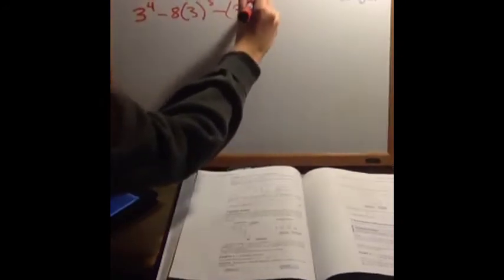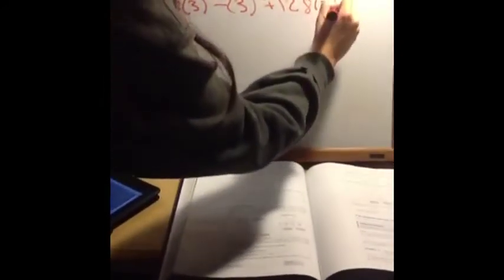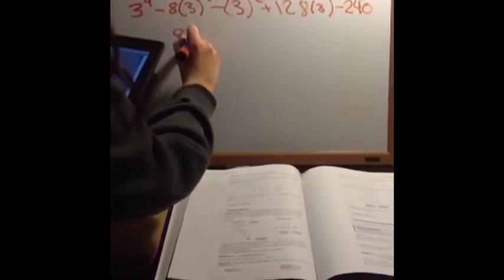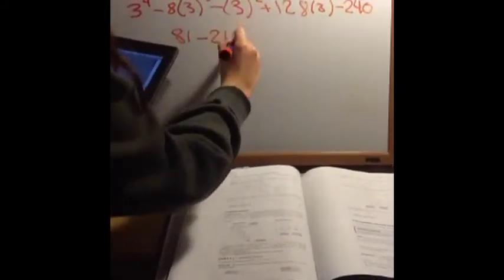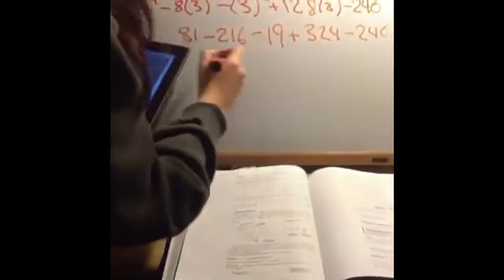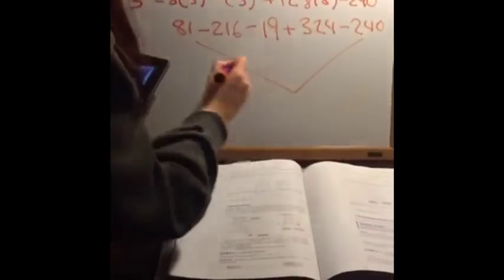So 3 to the 4th minus 8 times 3 cubed minus 3 squared plus 128 times 3 minus 240 will equal 81 minus 216 minus 9 plus 384 minus 240, and this will result in 0.